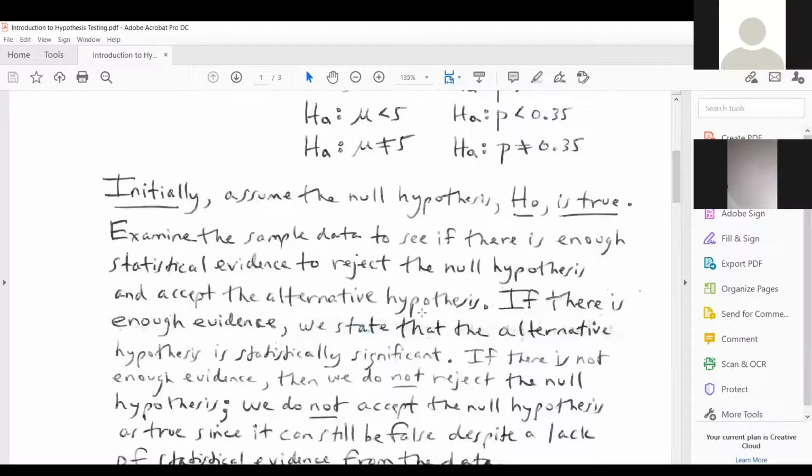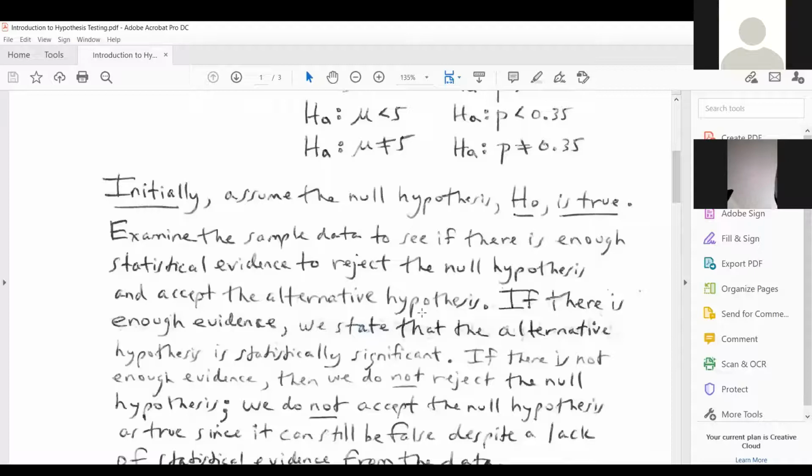Then we take our sample data, and we want to see if the sample data provides enough statistical evidence to say that the null hypothesis is highly unlikely, and therefore we're going to reject it in favor of the alternative hypothesis.